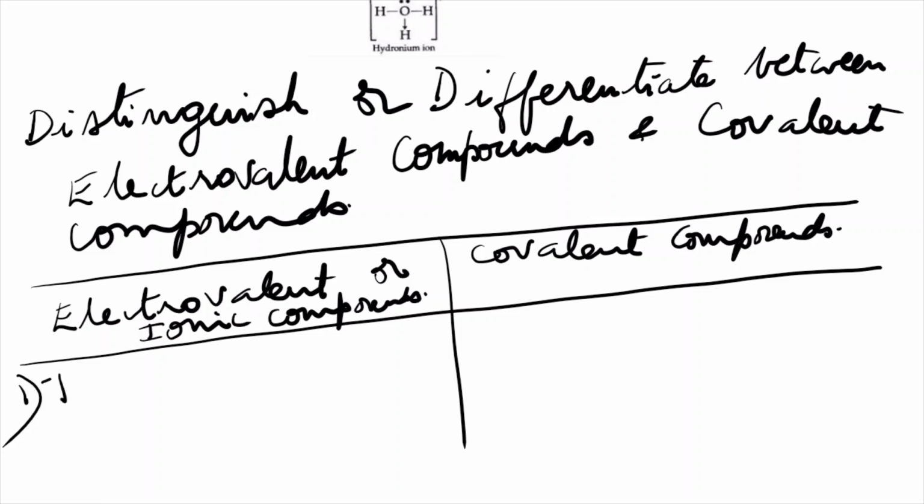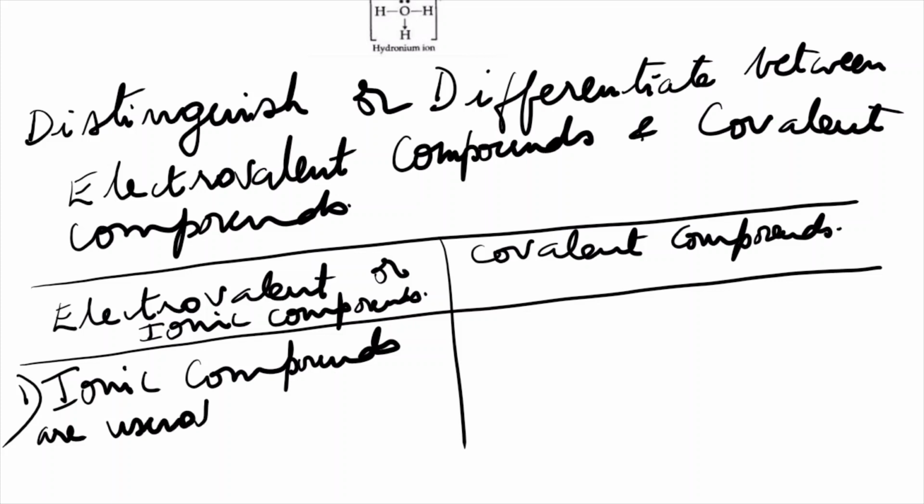Now these ionic compounds or electrovalent compounds are usually solids.